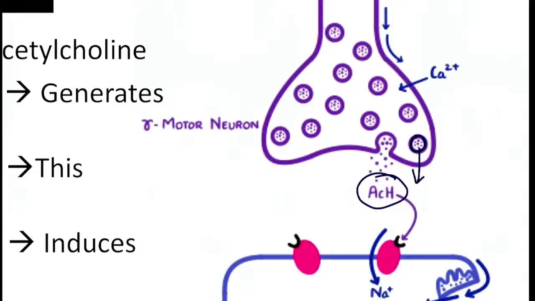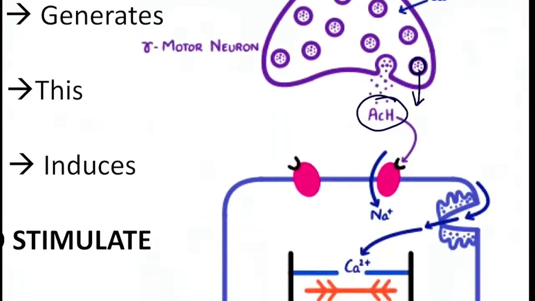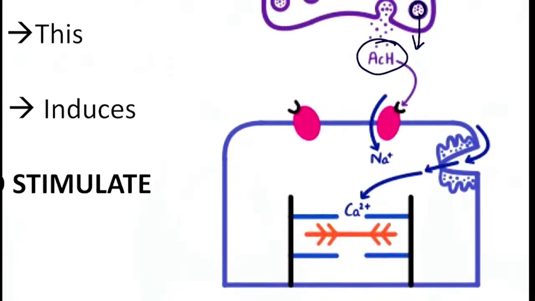Correct? Now, at the same time, the sodium ions are going to enter into the neuron, and once the sodium enters the neuron, what happens? They are going to generate, not ATP, action potential. Okay, now when the action potential is generated, automatically they are going to activate the sarcoplasmic reticulum.